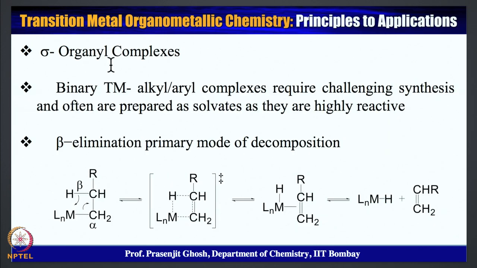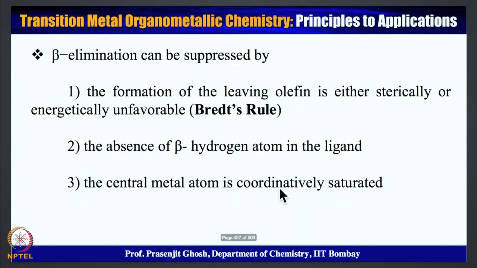Now, for sigma transition metal organo complexes, one phenomenon which is very common is beta elimination. Beta elimination is a primary mode of decomposition of these complexes, and we also looked at a discussion as to how to suppress beta elimination, so that one can really achieve very stable organometallic compounds, and for that we looked into various strategies.